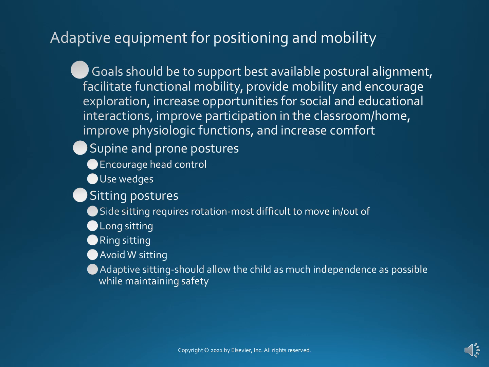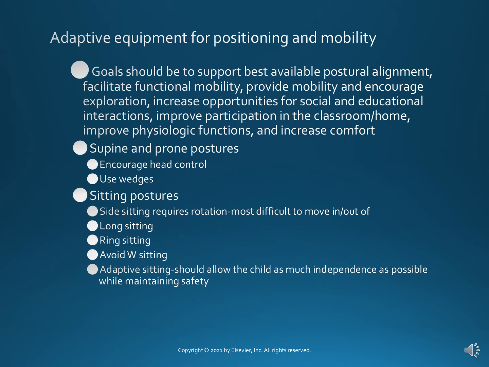Long sitting is going to have some stability due to the base of support provided by the lower extremities, but if the lower extremities are in an adducted position in a true long sitting, then it's a less stable position for the child. If they're abducted, like in a V-sit, then it tends to be a more stable position, but the level of trunk control will determine their ability to maintain that position.